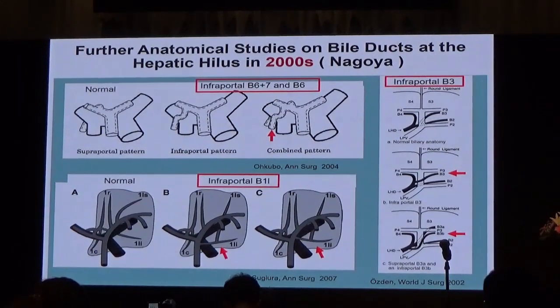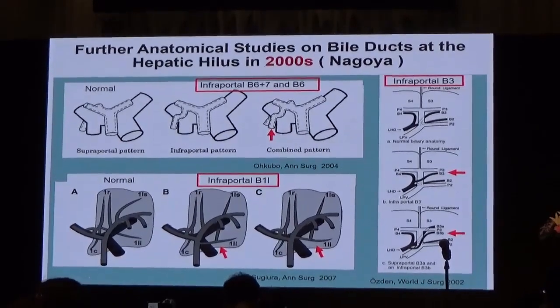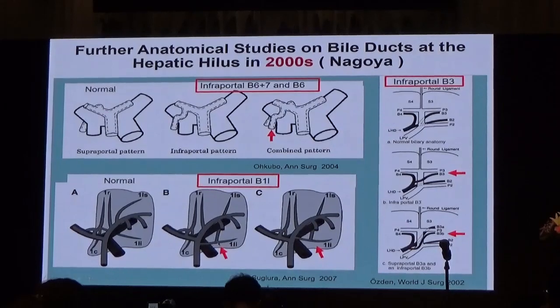Caudate lobe branches usually run behind the portal bifurcation. But this anomaly shows that the caudate branch runs ventrally to the portal bifurcation.